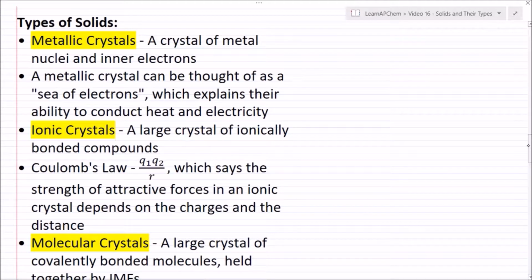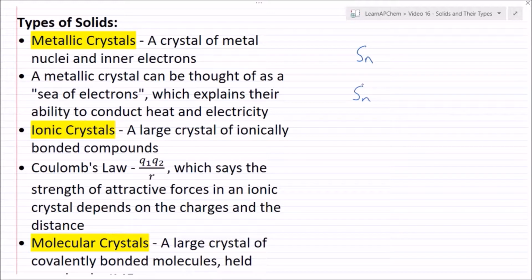Basically every metal on the periodic table at room temperature is a metallic crystal with the exception of mercury. So if we have tin, Sn, a block of tin is just a large crystal of the nuclei of individual tin atoms and their inner electrons.